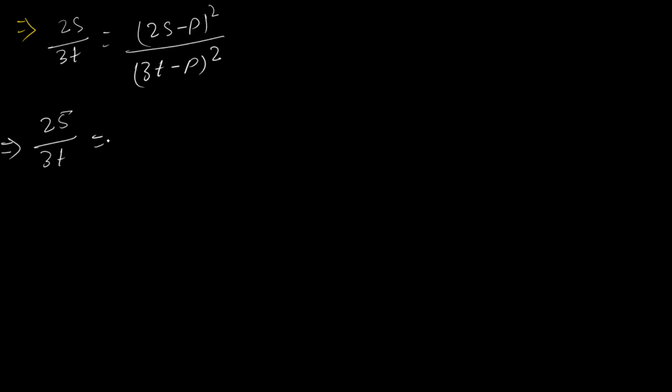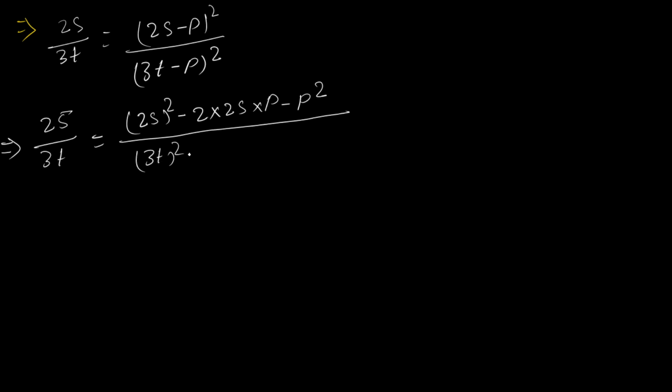I have written the formula. A minus b whole square equal to a square, means 2s square minus 2 a in the sense 2s multiplied by p plus p square, right? Sir. Divided by, again here also 3t square minus 2 multiplied by 3t multiplied by p, b is this one, right?